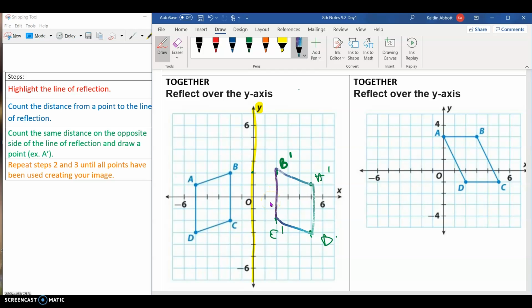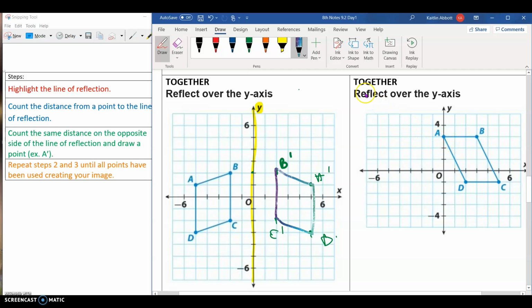The orientation technically has not changed. It's still facing up, I guess. Or maybe the orientation technically has changed. But either way, the shape did not change, and it's exactly 2 spaces away from the line of reflection.